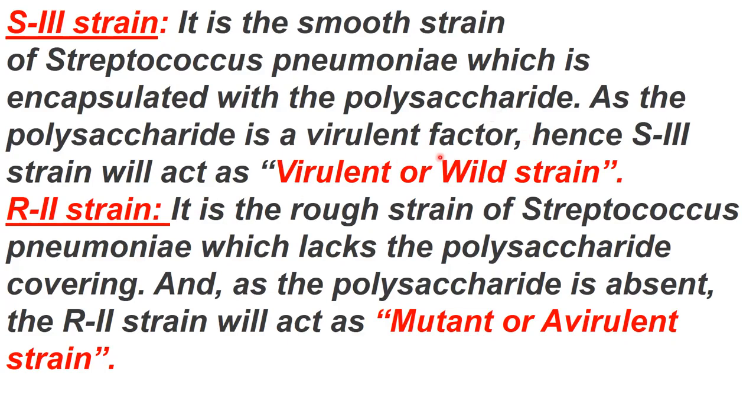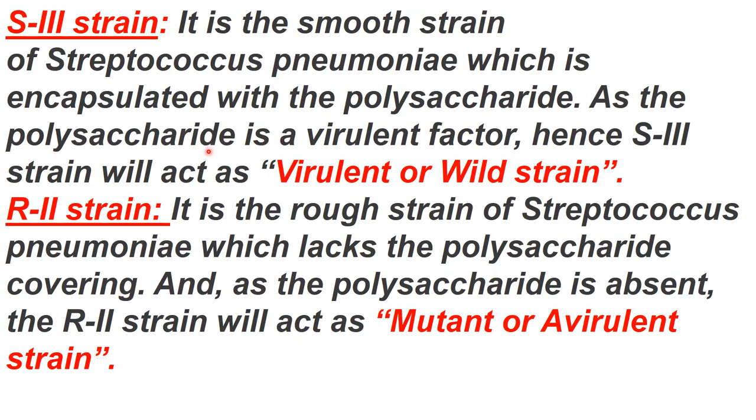The polysaccharide is a virulent factor. Why is this called a virulent factor? Because this polysaccharide covering provides resistance to this bacteria against the immune system of mice or human being. Hence, S3 strain will act as a virulent or wild strain because this polysaccharide covering will provide the resistance power.